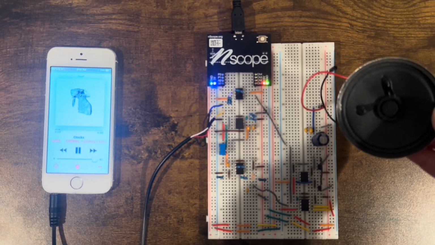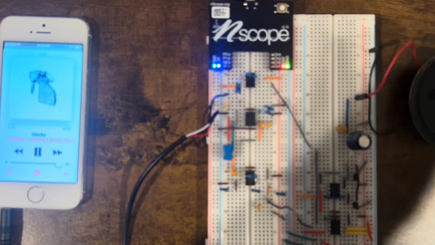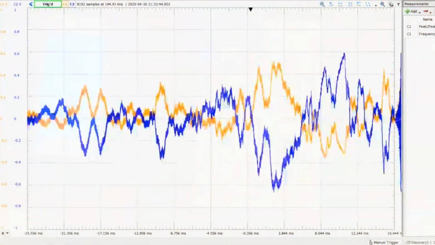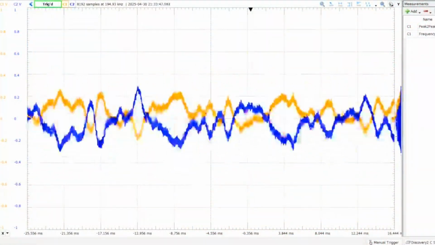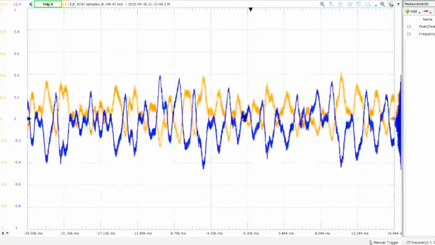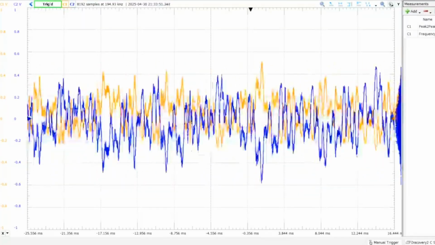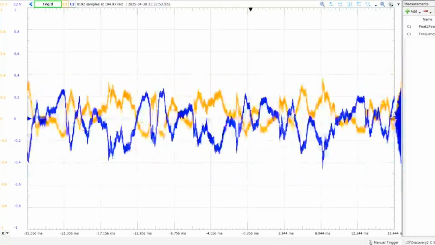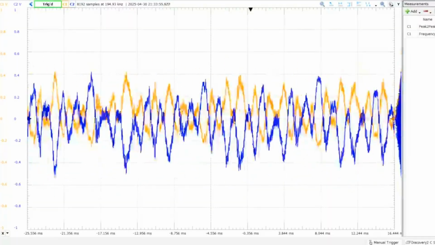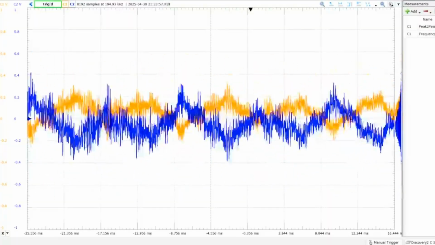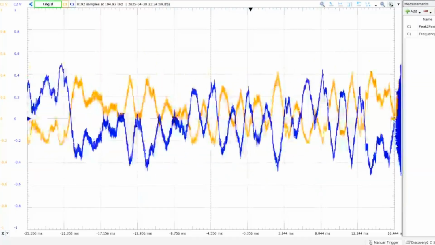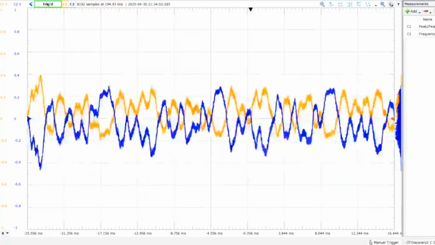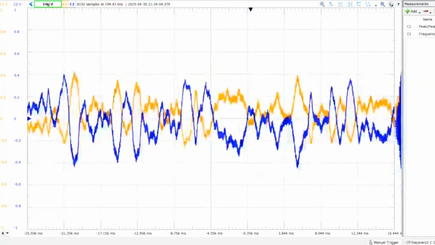All right, and let's look at this on the oscilloscope now. So let's take a quick pause here so that we can compare the original audio coming in and the output audio signal that the speaker is receiving.